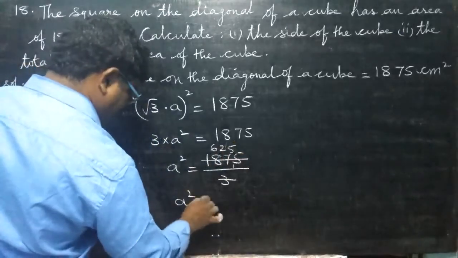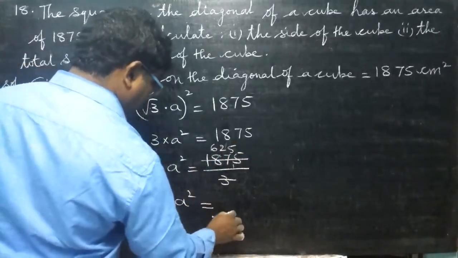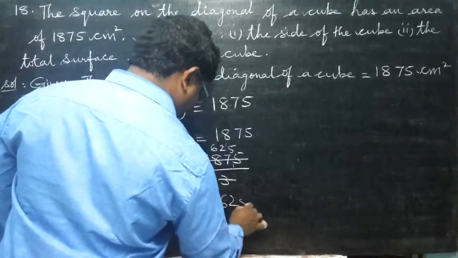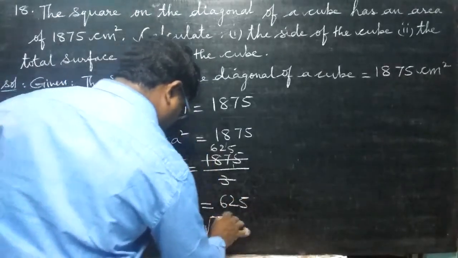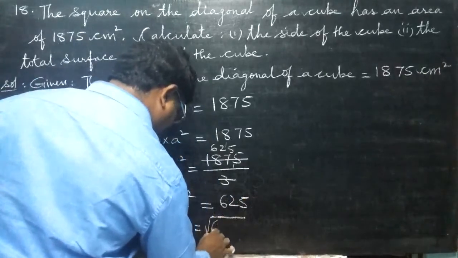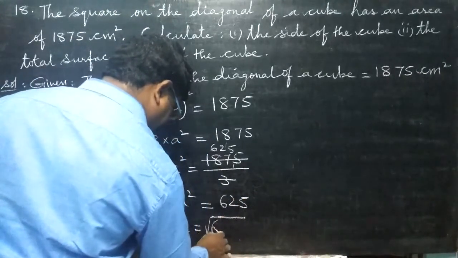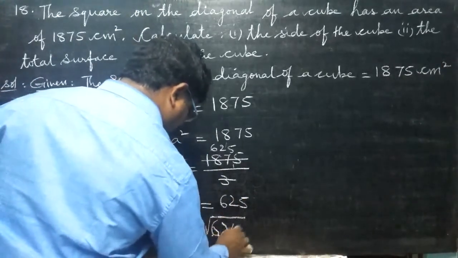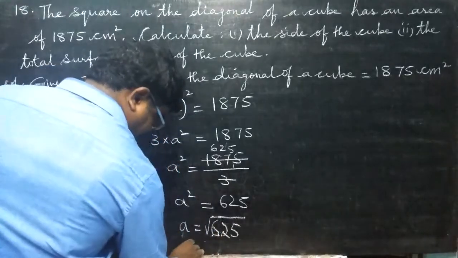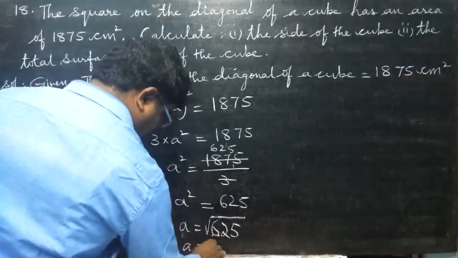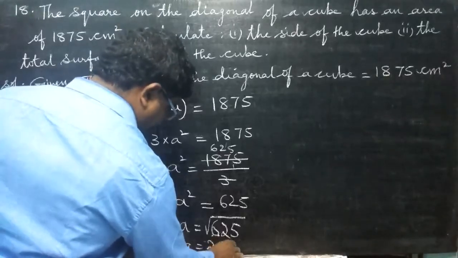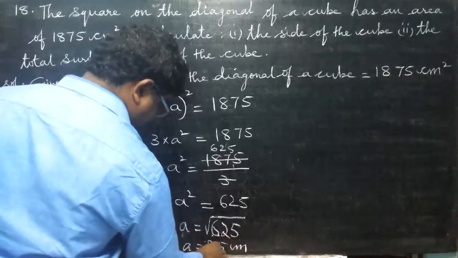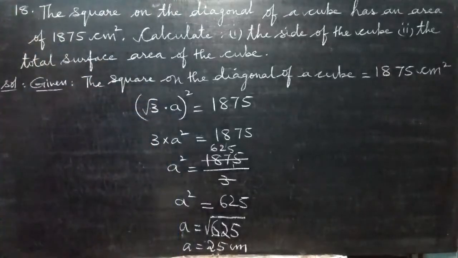So a square is equal to 625. We want a. A is equal to square root of 625. What is the square root of 625? A is equal to 25 centimeters. Now we got the edge of a cube.